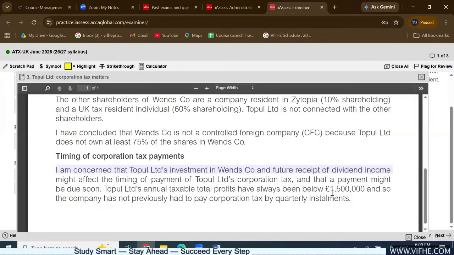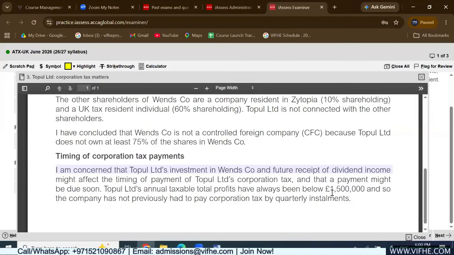And in the second accounting period and onwards, after Topal Limited would have become a large company, a company whose augmented profit will have crossed the threshold of 1.5 million, then they would start paying their corporation tax in quarterly installments.